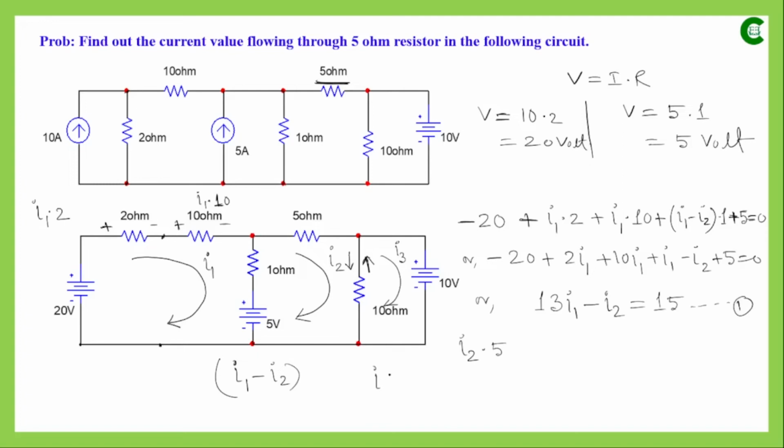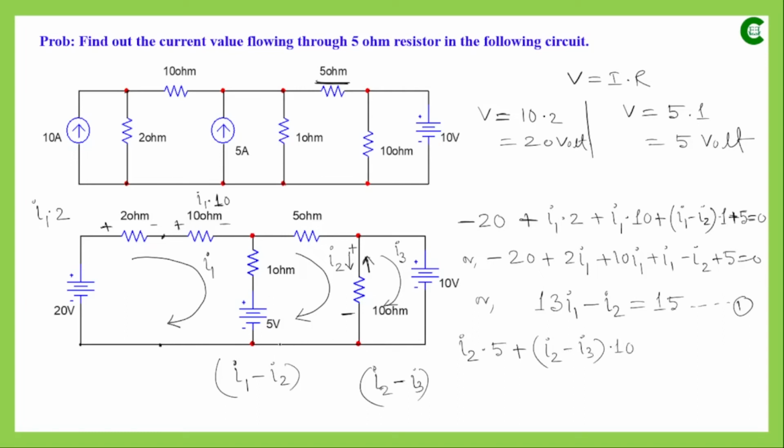Since we are now in the second loop, we analyze with respect to that, so the net current through the 10 ohm resistance this time will be I2 minus I3. With respect to the direction of current in the second loop, this end will be at higher potential and this end at lower potential, and the voltage value will be I2 minus I3 times the resistance value, which is 10.